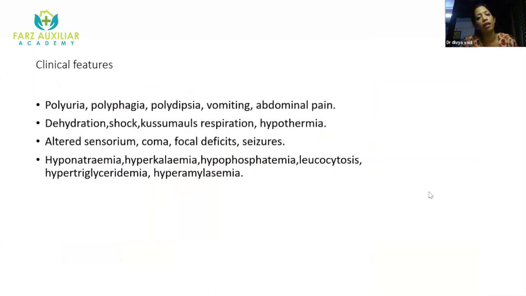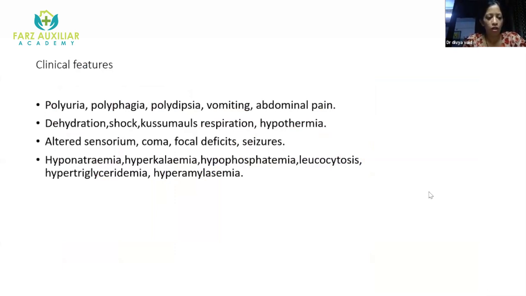They can present like an acute abdomen. There is also dehydration, shock, and acidotic breathing, that is Kussmaul's respiration. They are commonly hypothermic. Altered sensorium and coma may occur, and it may even be severe enough to result in seizures as well. There are a lot of electrolyte abnormalities which we have to be very familiar with.